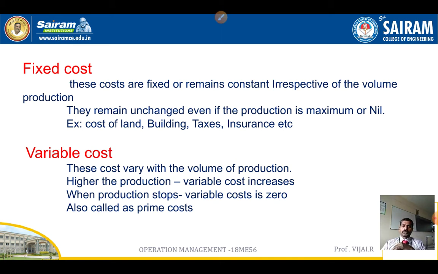Examples are the cost of the land, the cost of the building, and the taxes paid for the building or to the government. Even if we are not starting any production, the amount we spend is called a fixed cost.